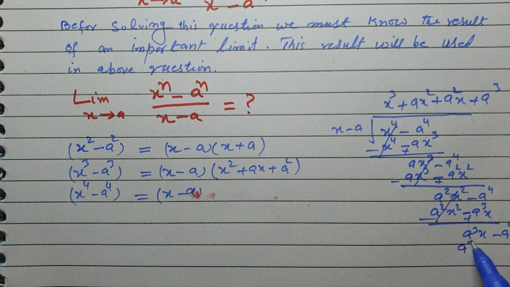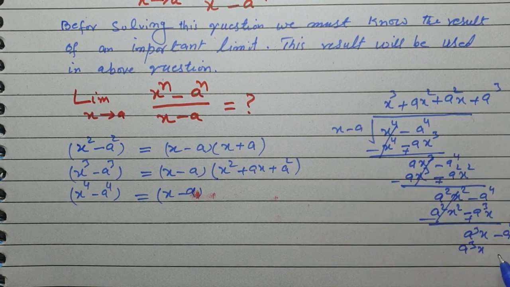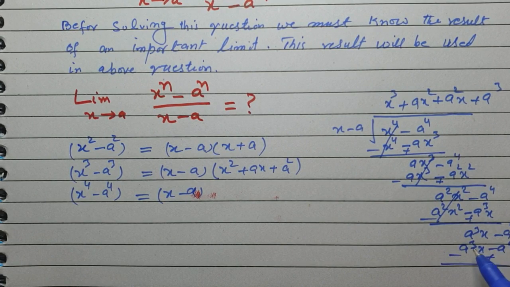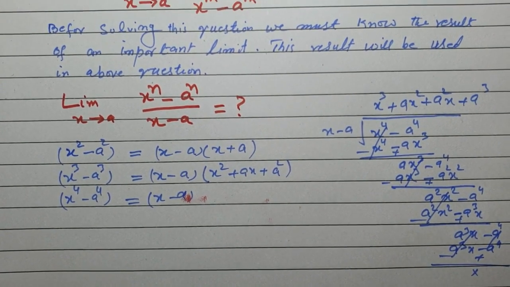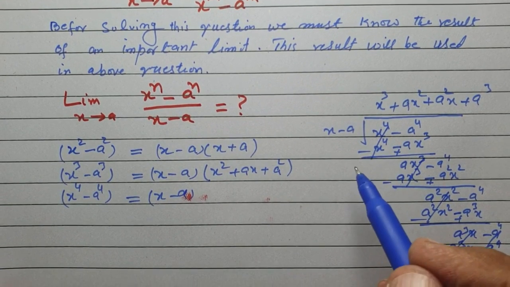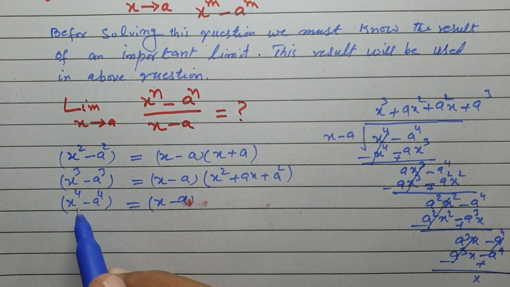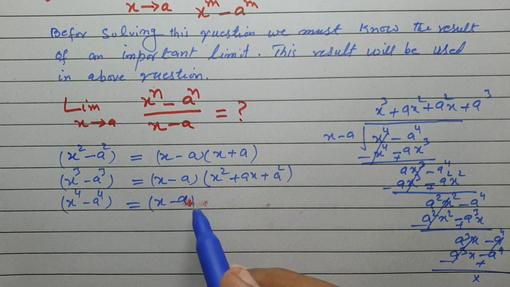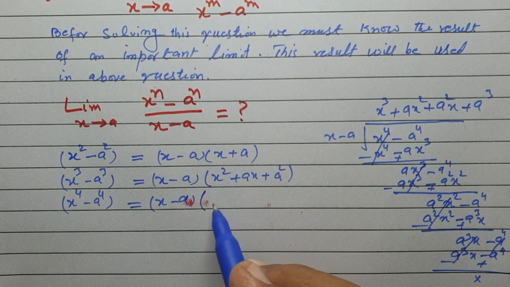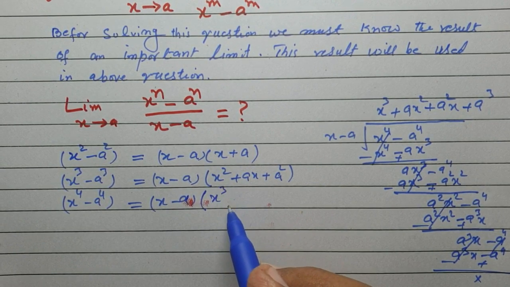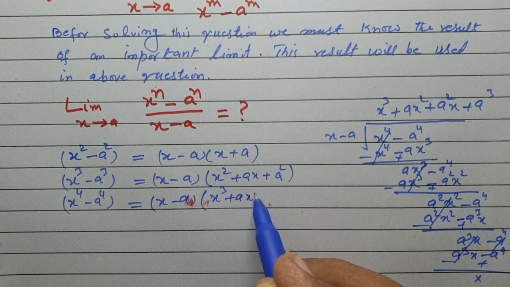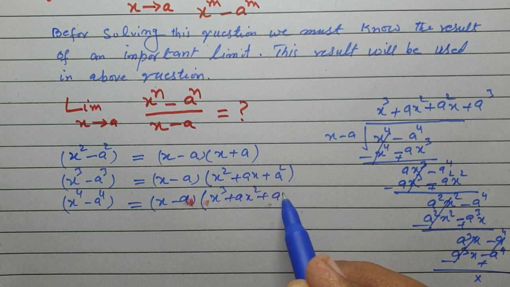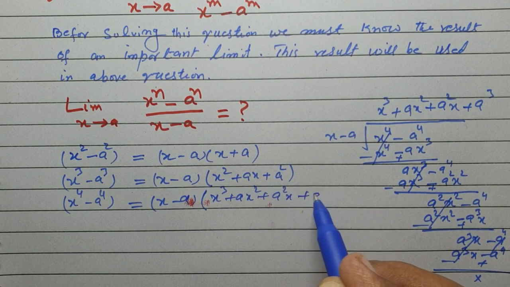This will become a cube x minus a^4, and both the factors will be cancelled. Therefore, the other factor in x^4 minus a^4 is, one is x minus a, other factor is x cube plus ax square plus a square x plus a cube.